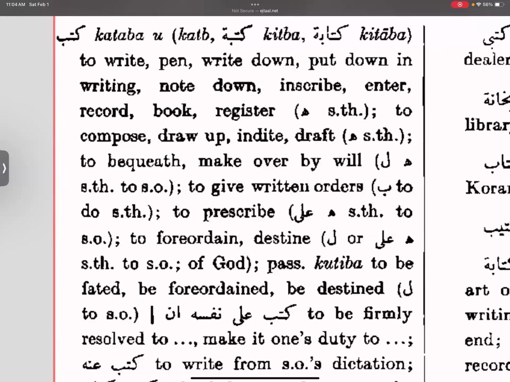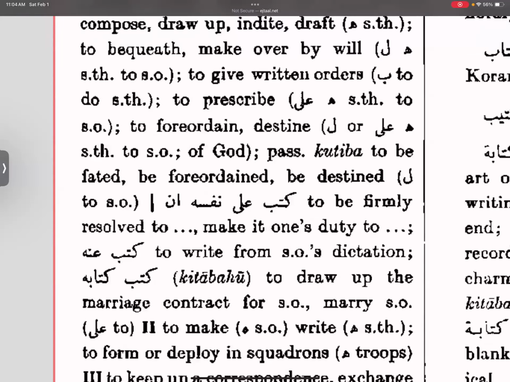SubhanAllah. Kataba ala nafsihi. Allah subhanahu wa ta'ala says kataba ala nafsihi rahma, right? Allahu Akbar. Imagine if he did not do that, what would happen to us? So he has obligated mercy on himself, that he is going to show mercy no matter what during this lifetime, right? On the day of judgment, a different story. Allahu Akbar.